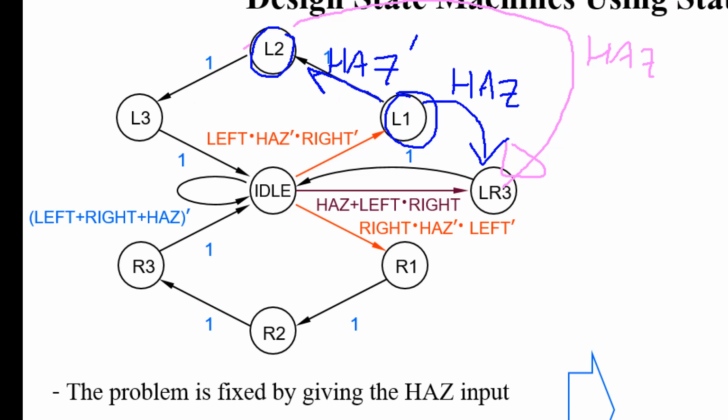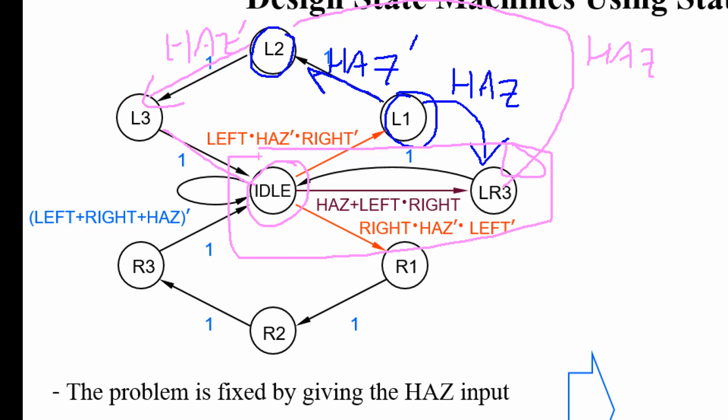If not, continue to L3. And at L3, because when the clock ticks it goes to idle suddenly, and idle is one of the patterns to show emergency, right? So it need not change L3 to LR3.